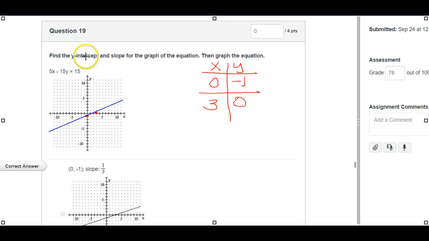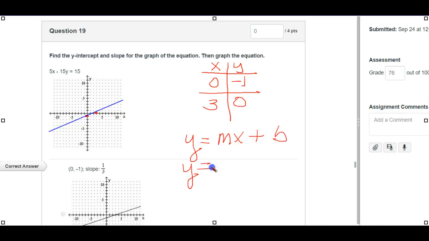Okay? And it says find the y-intercept of the slope of the graph, and then graph. Okay, well there's the graph. Now if we want to find the slope and the y-intercept from something like this, the way we do that is to write it in slope-intercept form. Y equals mx plus b again.